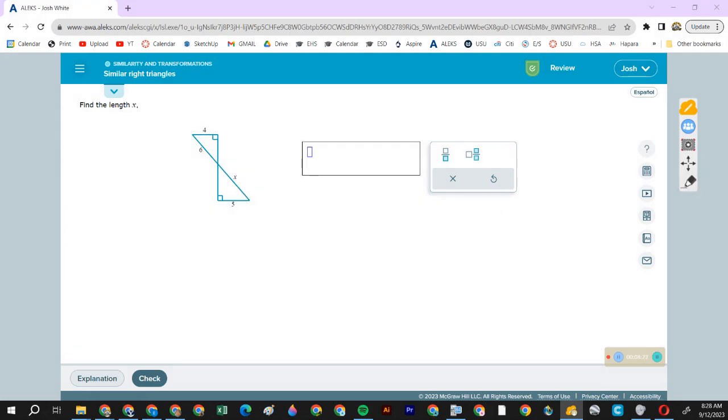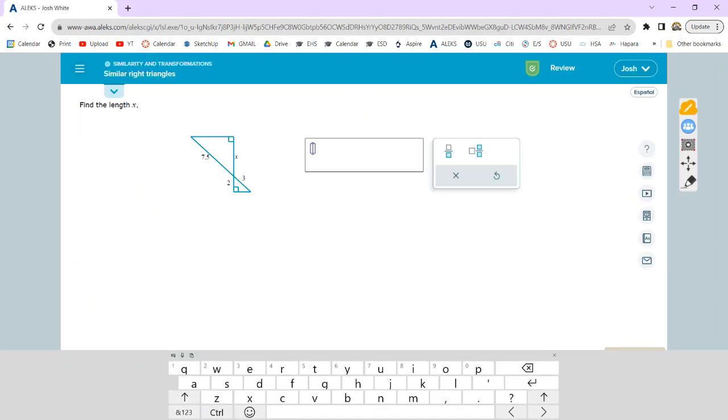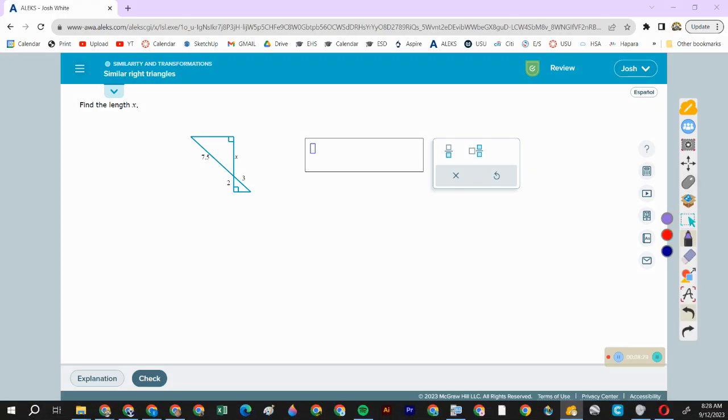So let's do another one of these. So these two angles match. Which side does 2 match up with? So 2 is between the right angle and the red angle, so it matches up with x, which is between the right angle and the red angle.